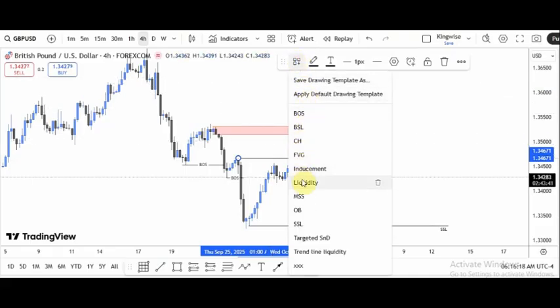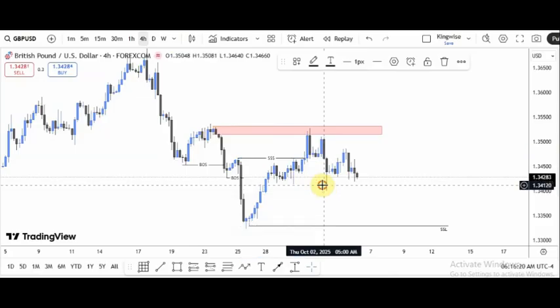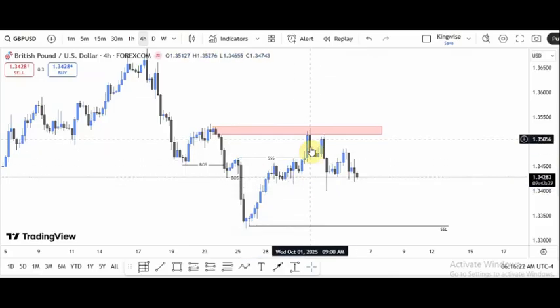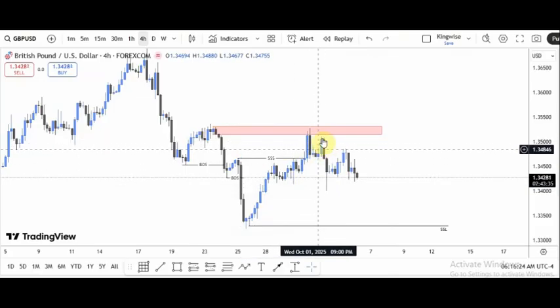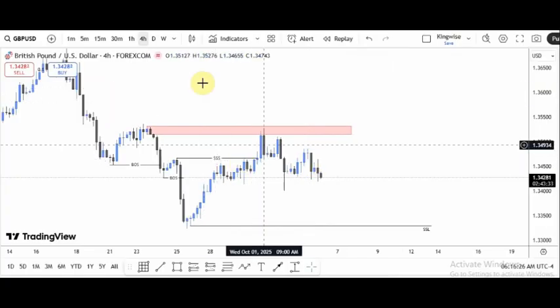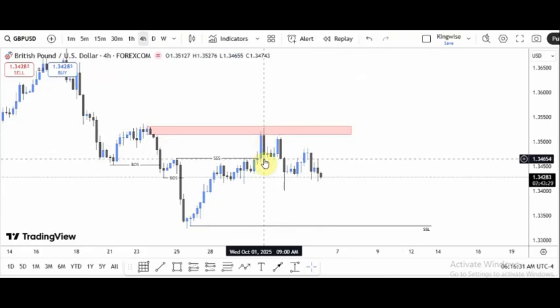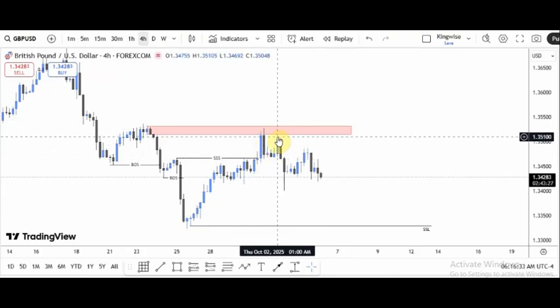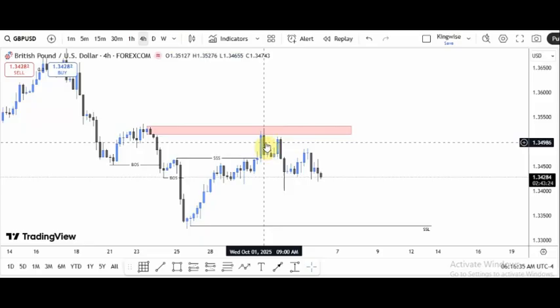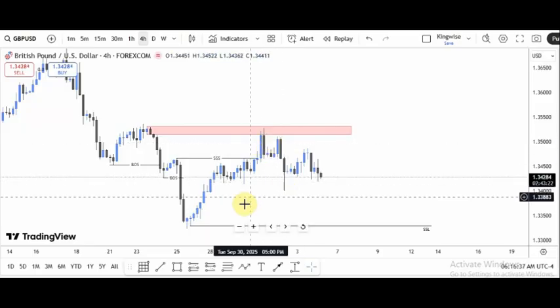sellers into this market in the early time. So now when we saw this on the 4-hour time frame, what happened? Price tapped into it, came down, went back inside this block here and pushed to the downside.